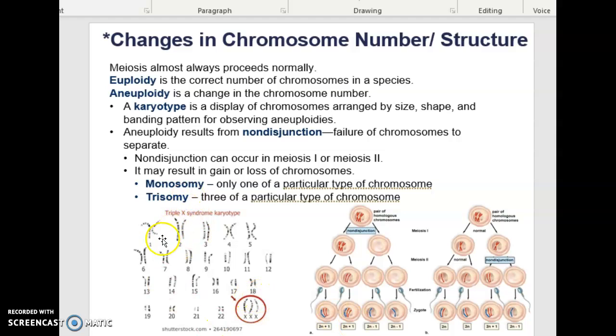Now, if this were to happen on chromosome 1, 2, or 3, any of these larger chromosomes, there's a whole lot of genes attached to those chromosomes. So there's a much higher probability that it will not be a viable individual. They most likely would not develop at all. However, as you get down to these smaller chromosomes, you're more likely to see an individual develop.